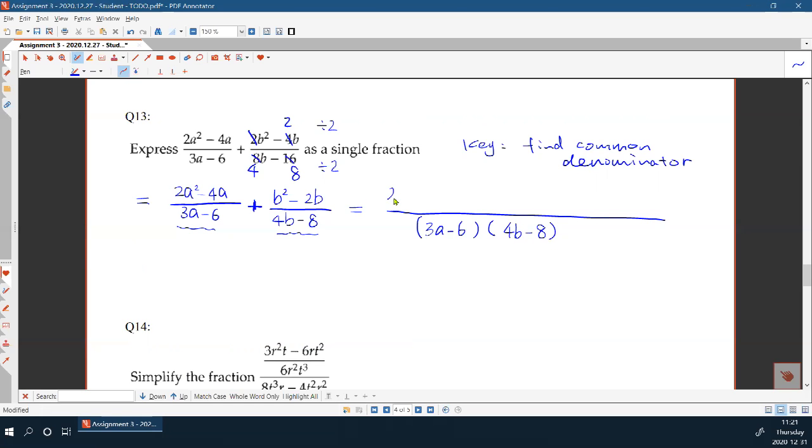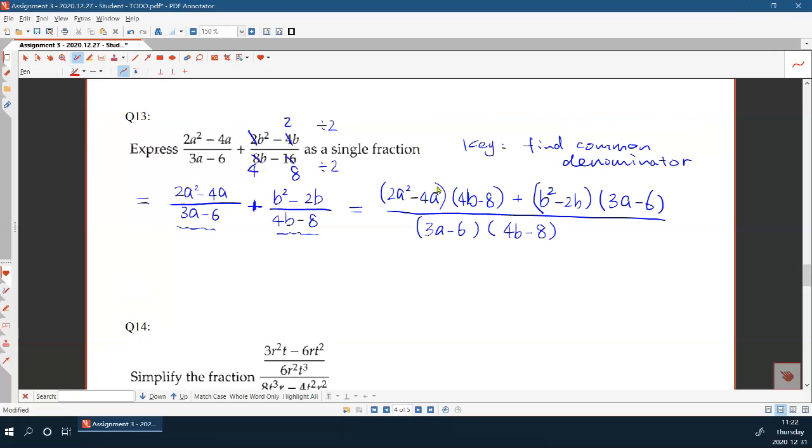For the first term, we need to multiply it by 4b minus 8. For the second term, we need to multiply it by 3a minus 6.